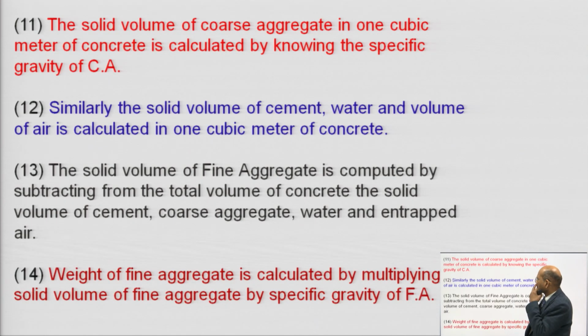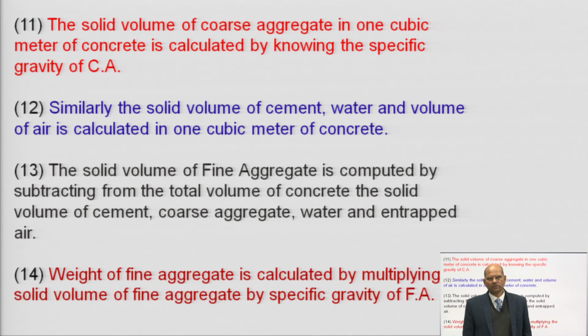Then we go for the solid volume of coarse aggregate in 1 cubic meter of concrete, which is calculated by knowing the specific gravity of coarse aggregate. So, now we calculate the absolute volume.